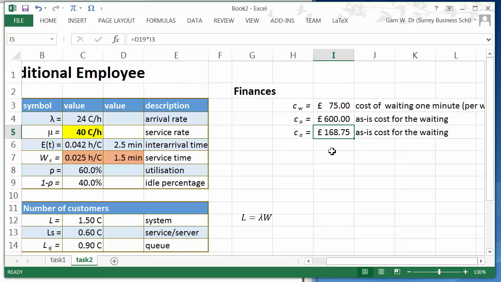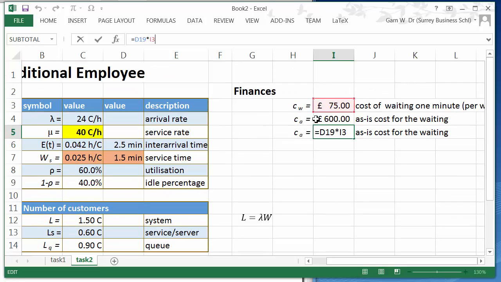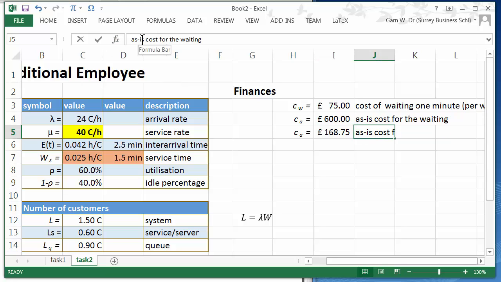What have we computed here? 168.75 is actually the cost of the 2.3 minutes with the waiting time. That means these are now the additional employee, so the sales assistant who packs.